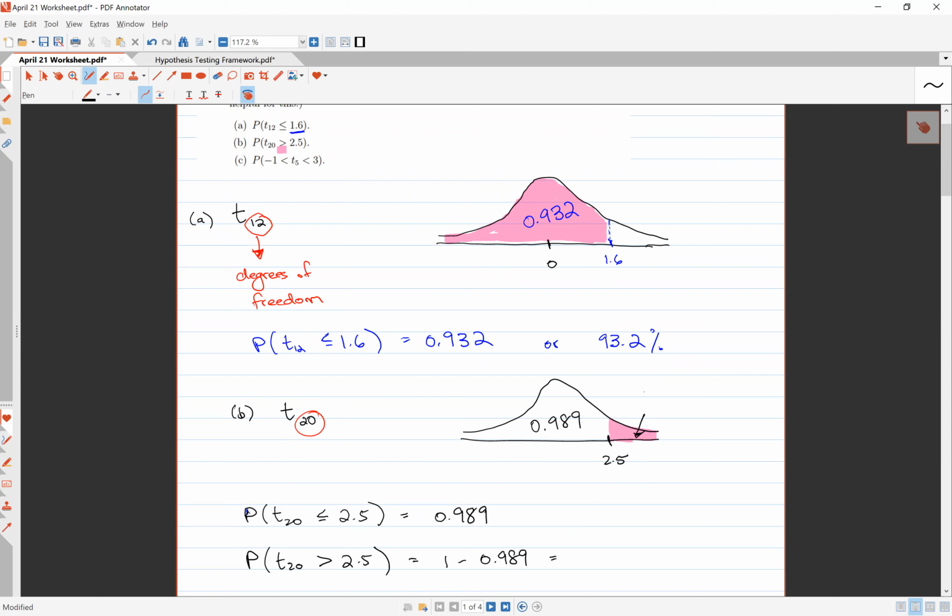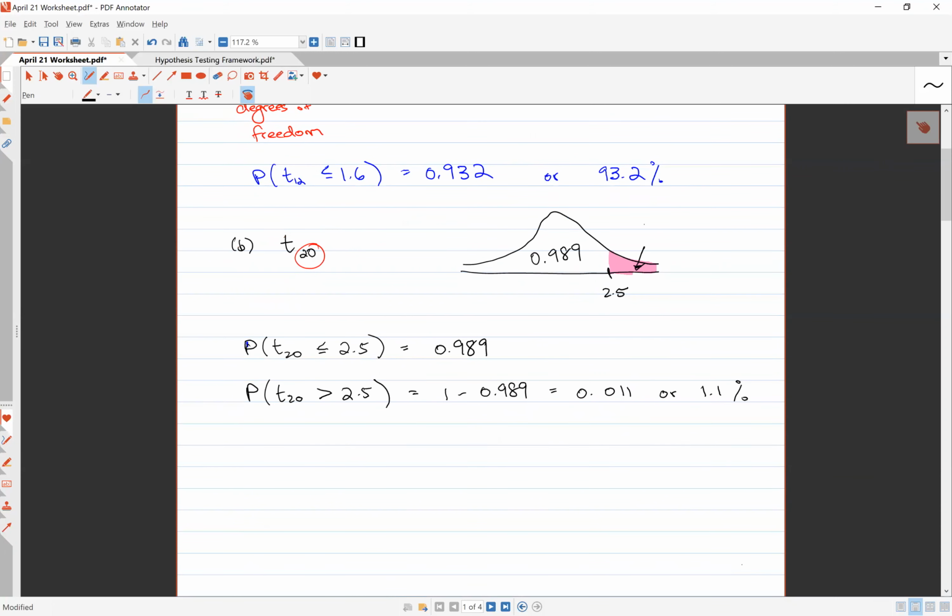And so 1 minus 0.989 gives me 0.011 or 1.1%. So small chance, if I know I have a t-distribution with 20 degrees of freedom, pretty small chance that a random number from that population will be larger than 2.5.